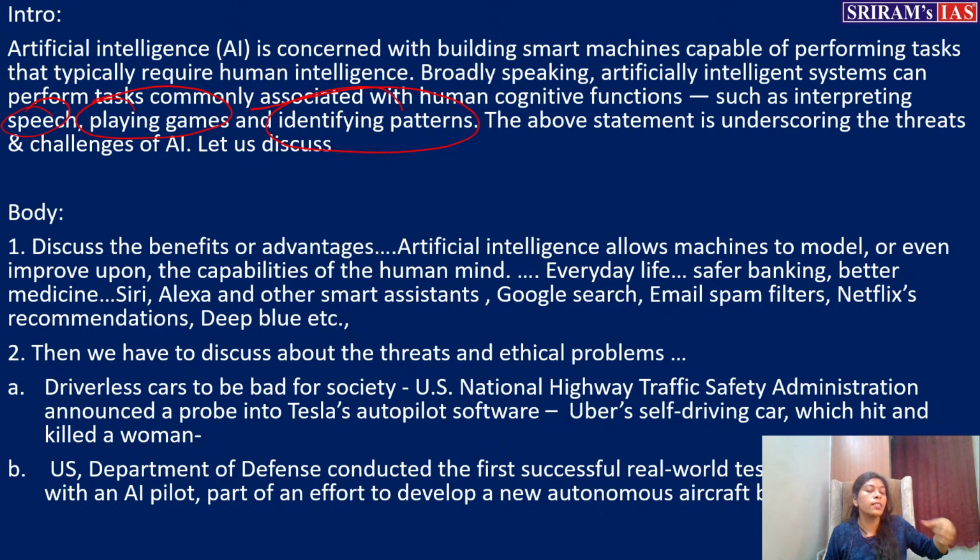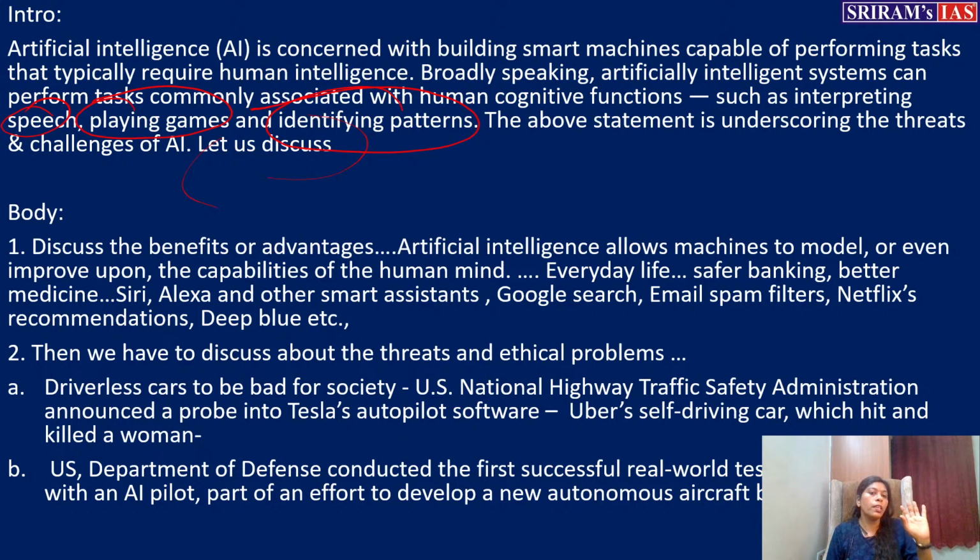When you enter the internet, starting from a search engine, it's all AI enabled only. Now let us discuss the threats and the challenges we are facing in the AI innovation sector.